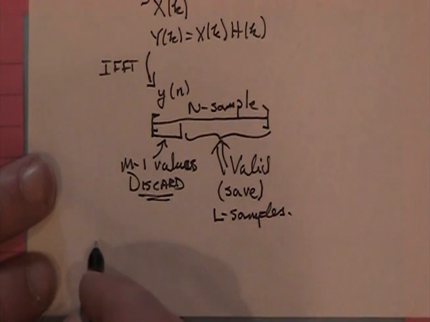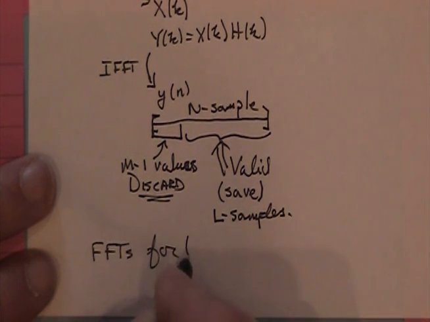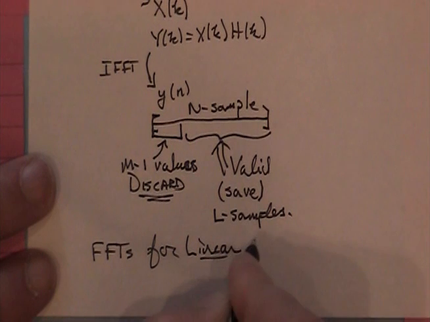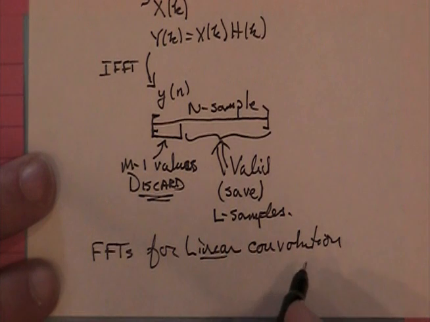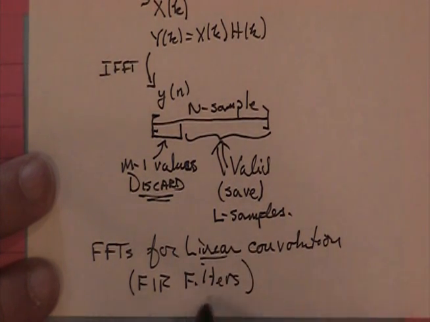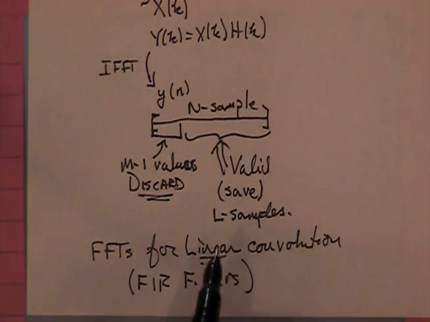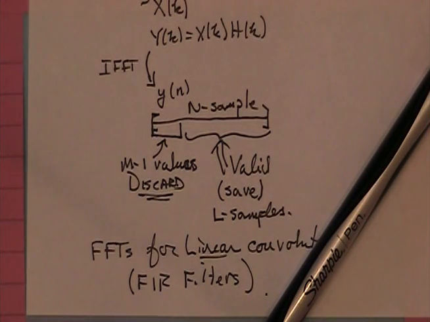Basically, that's the way to use FFTs to do linear convolution, where one of the sequences is long. I'm still talking about FIR filters, right, where h of n is a finite length. So if one of them is a finite length, I can deal with long lengths on the other sequence. So we'll take a break there, and then see kind of where that sets me up with my lectures.